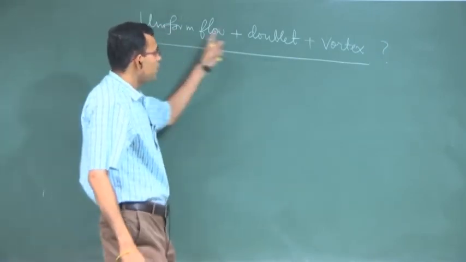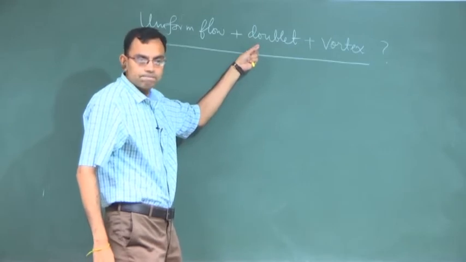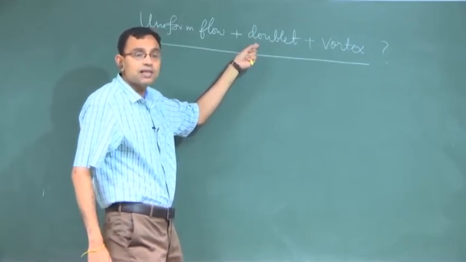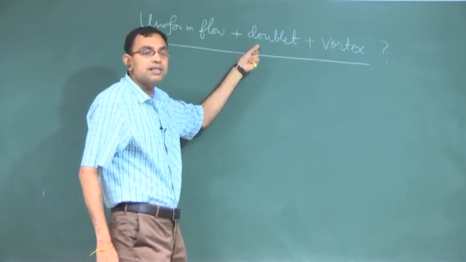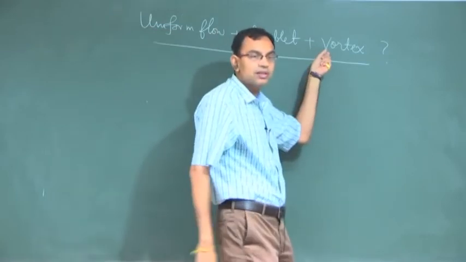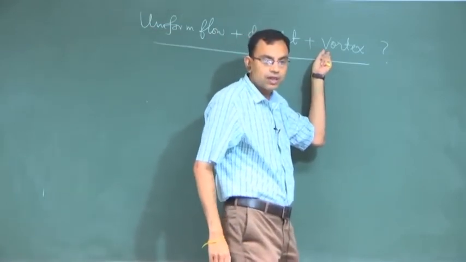So, uniform flow plus doublet is physically representative of a flow past a circular cylinder when the cylinder is not rotating, and this adds a rotation to the cylinder. Okay.